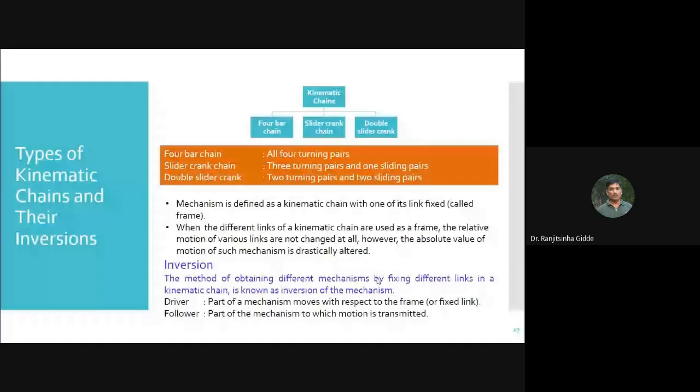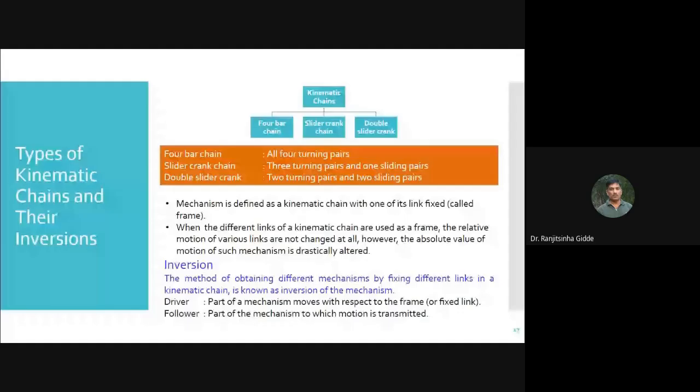So what is inversion? The method of obtaining different mechanisms by fixing different links in a kinematic chain is known as inversion of the mechanism.